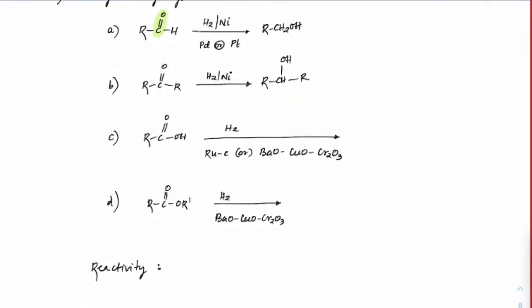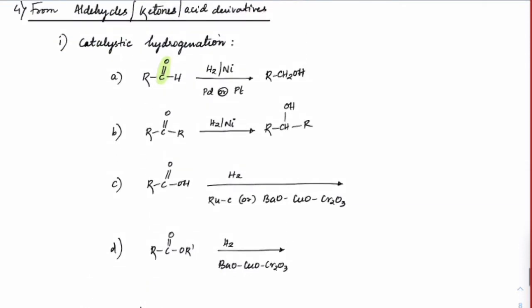The minute you have carboxylic acids or their derivatives, it becomes very difficult for reduction by H2 with nickel, palladium, or platinum. So as a point you can remember that catalytic reduction by H2/Ni, H2/Pd, H2/Pt does not usually make a good impact on the reaction if you have any carboxylic derivatives.